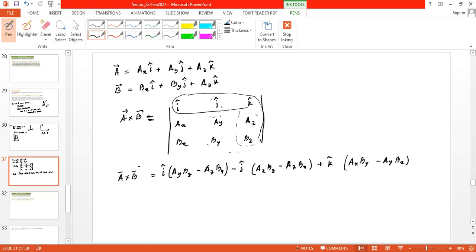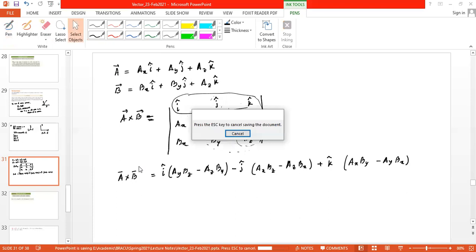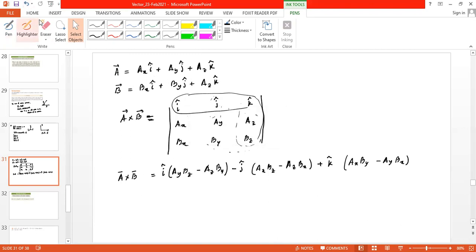So this is how you can find the vector product of two vectors, or I can say this is how you can find the product of two vector quantities. Okay, so let's try a math to make our concept clear.